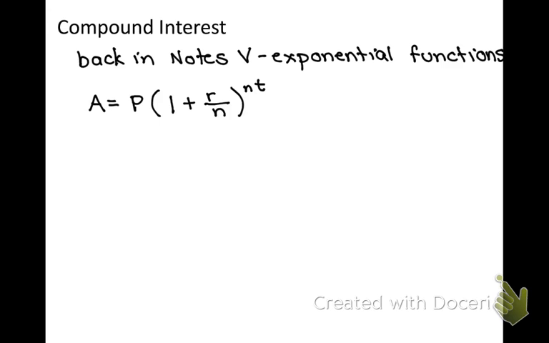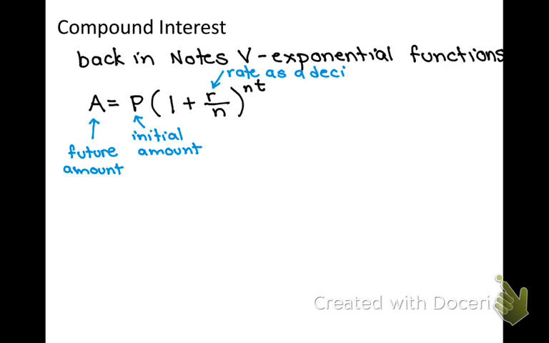Now, that A value was your future amount. The P was my initial amount. The r was my rate, and remember the rate had to be as a decimal. So if they give it to you as a percentage, we're going to switch it over to a decimal. My n, which occurs in the denominator and this exponent, is the number of periods per year.